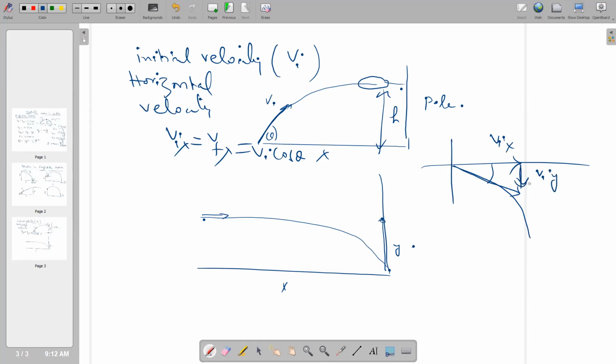Viy here is in the downward direction, so that's why its answer is negative in vector form. In vector form, Vix is along the i unit vector, and Viy is along the j unit vector. If it is downward, then we put a negative sign.